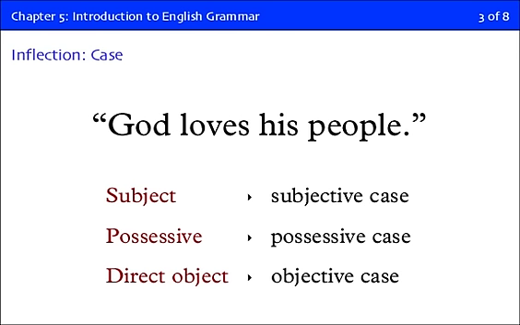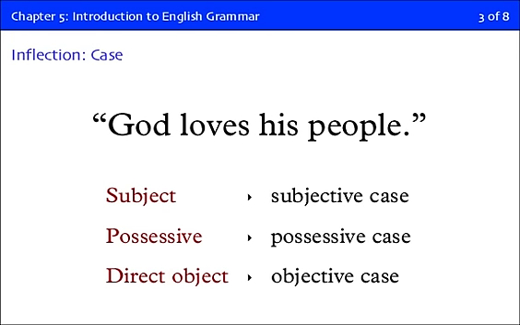There are three different aspects of grammar that you need to know in connection with the concept of inflection. The first has to do with case. Depending upon what case the word is in can affect the form of a word. Take, for example, the sentence, God loves his people.